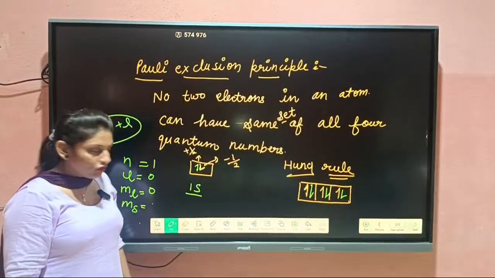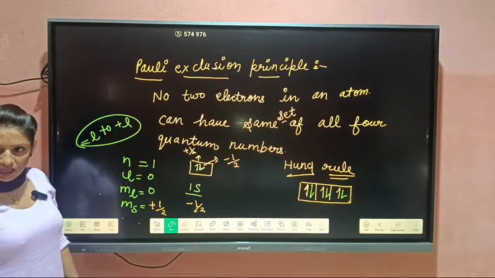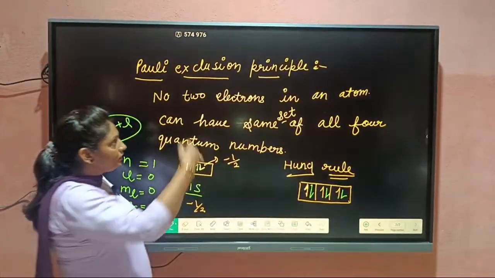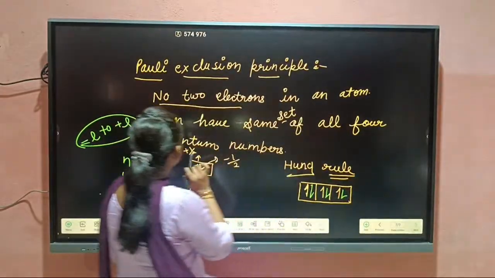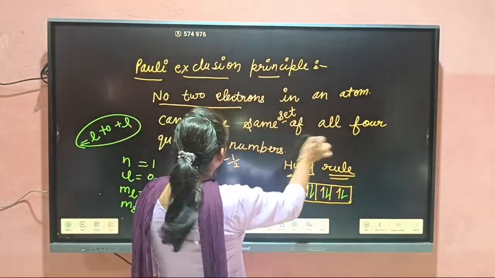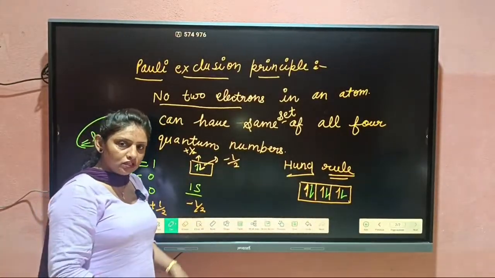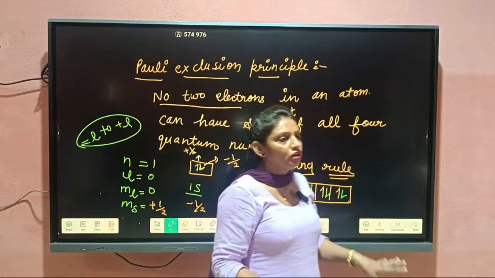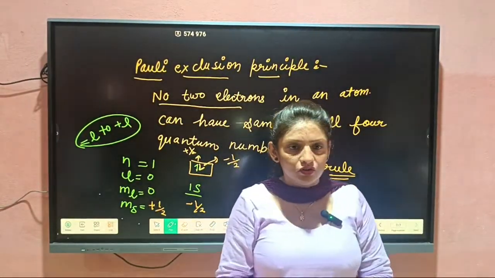Clear or not? So this principle states that no two electrons in an atom can have the same set of all four quantum numbers. Three quantum numbers may be the same, but all four may not be the same. Clear to you or not?